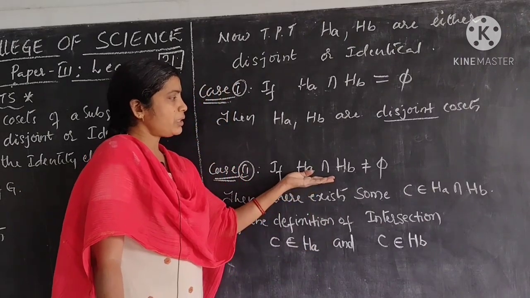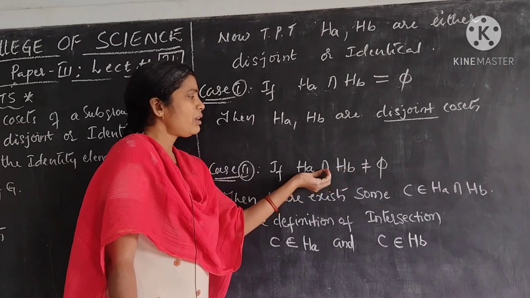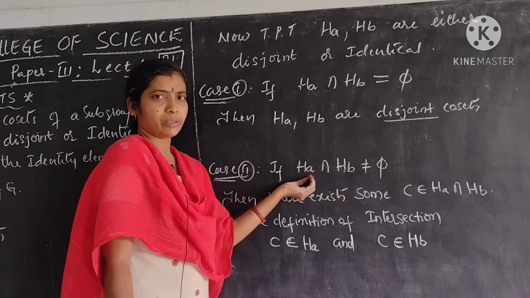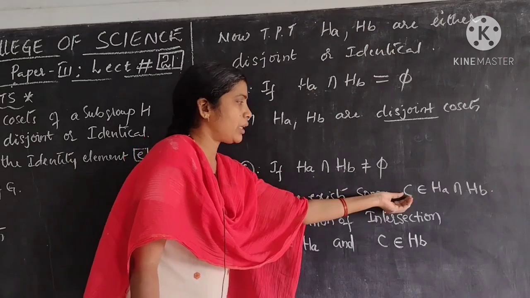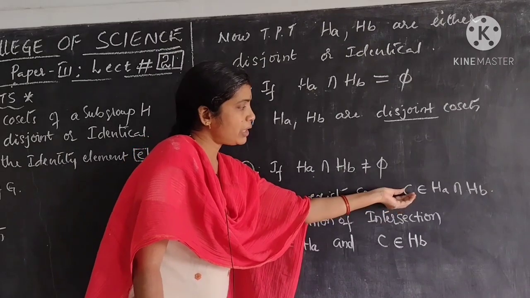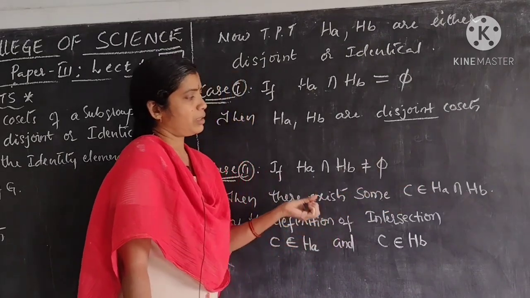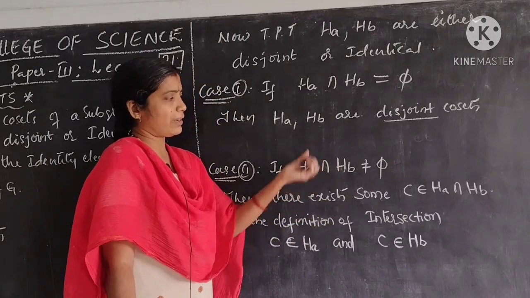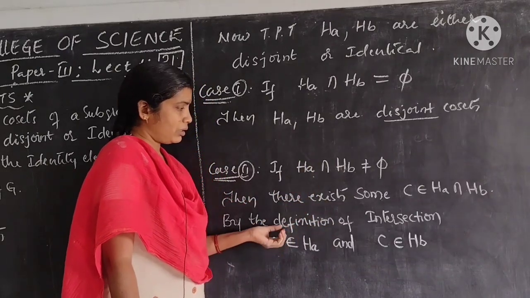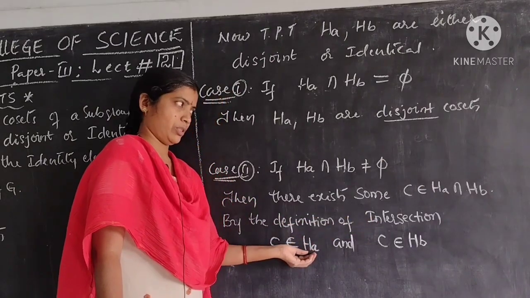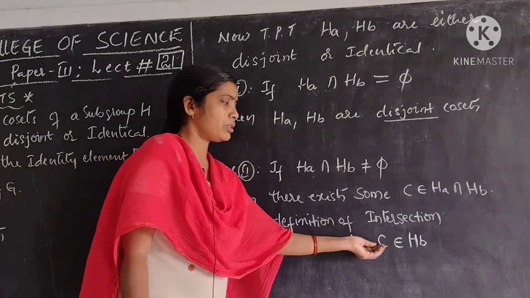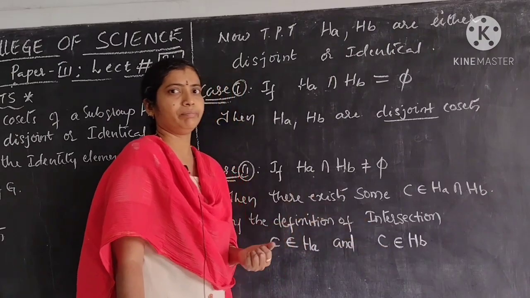If the intersection set is non-empty, we can pick up any common element of these two cosets, isn't it? So, there exists some C, let that common element be C. By definition of intersection, C is an element of the first set as well as an element of the second set.